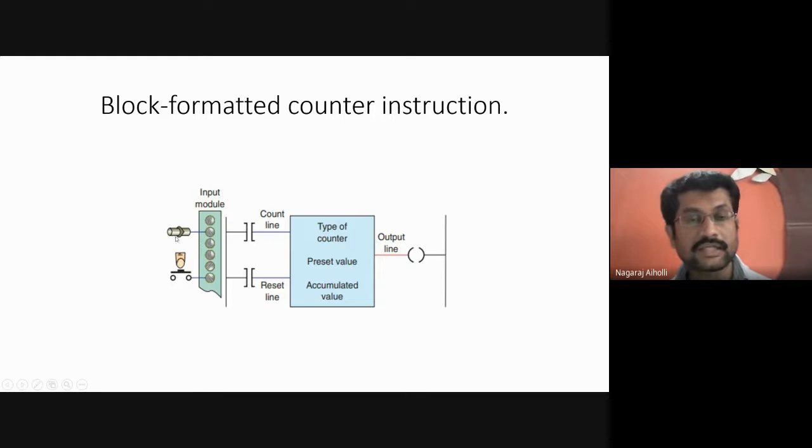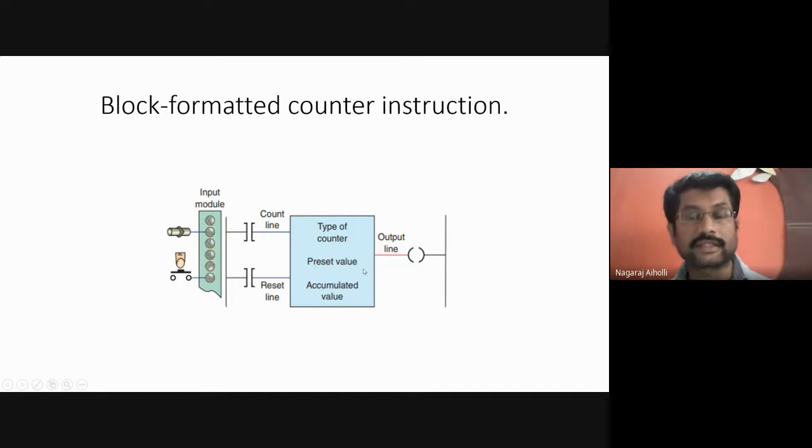Now, as this proximity switch senses the count line, this gets closed. This is a normal examine if closed. So when this condition is true, the rung is true and the counter will start to count. The type of counter may be different; it can be an up counter or a down counter.